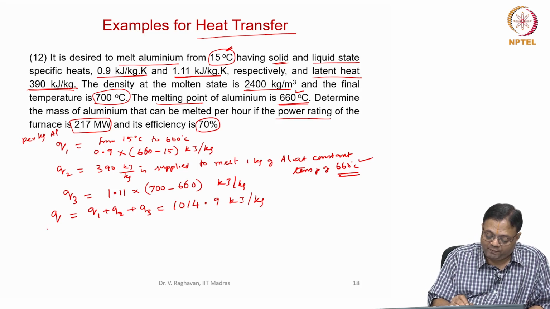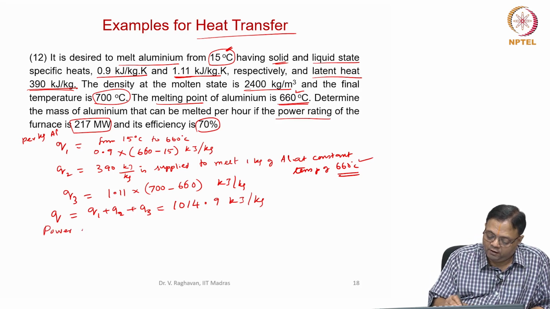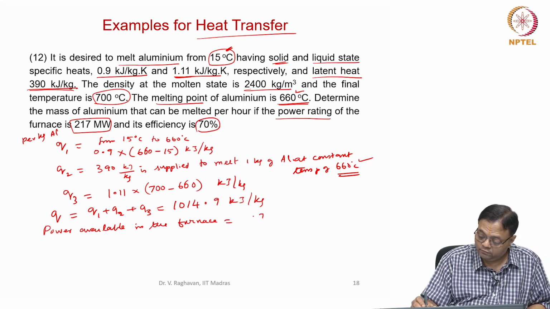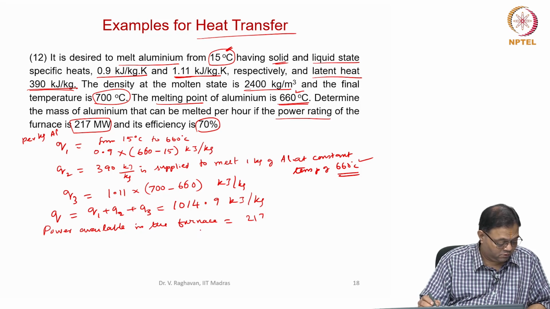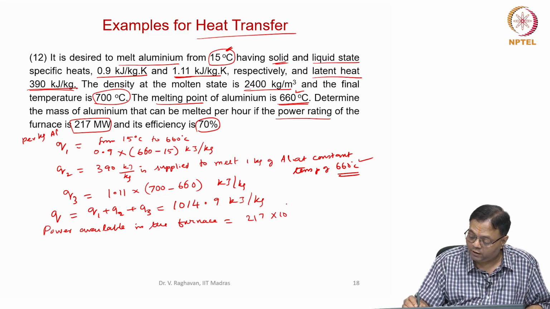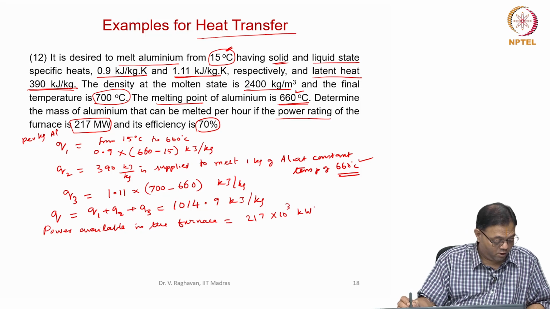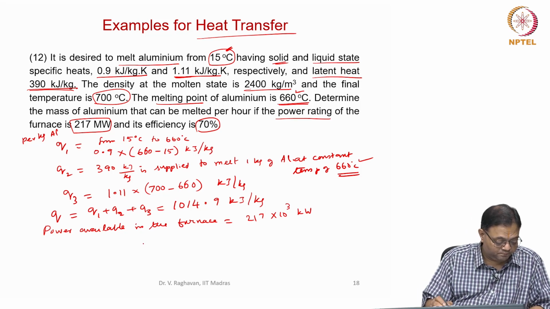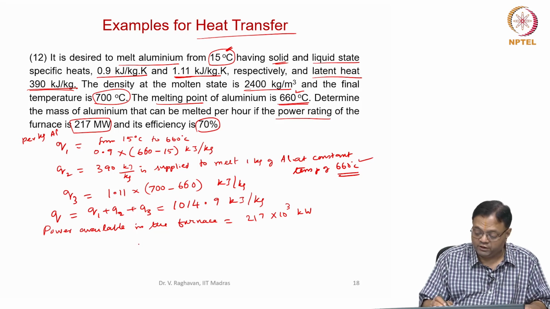So, what is the power available? Power available in the furnace is 217 megawatts, that is 217 into 10 power 3 kilowatts, out of which 70% is the efficiency.